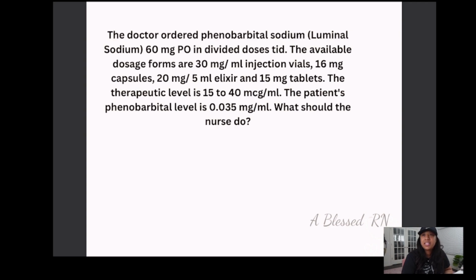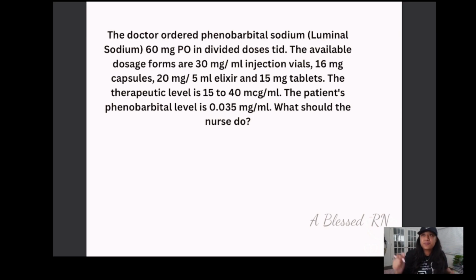The therapeutic level is 15 to 40 micrograms per milliliter. The patient's phenobarbital level is 0.035 milligrams per milliliter. What should the nurse do? We're going to figure it out. That's what the nurse is going to do.